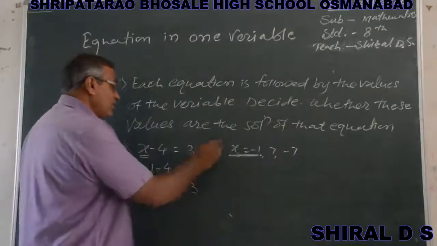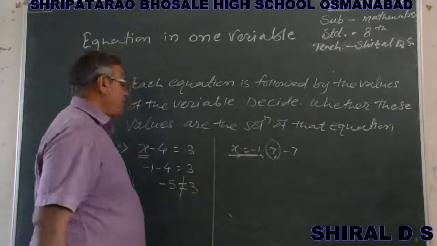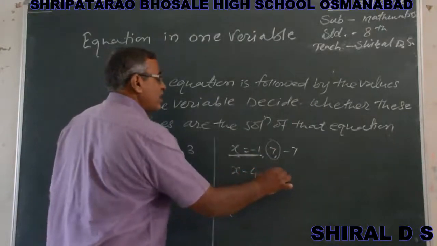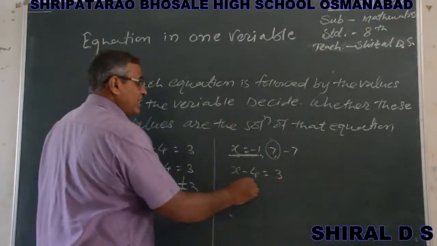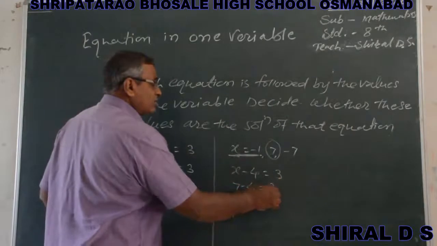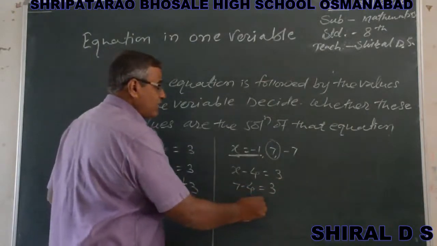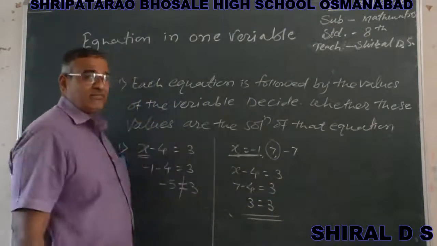Therefore, we say here that x is equal to minus 1 is not the solution of the given equation. Then we use another value, 7. Then x minus 4 is equal to 3. Then we put here 7 minus 4 is equal to 3. Here is the plus 7 minus 4, therefore 3 is equal to 3. It means equation is balanced here.